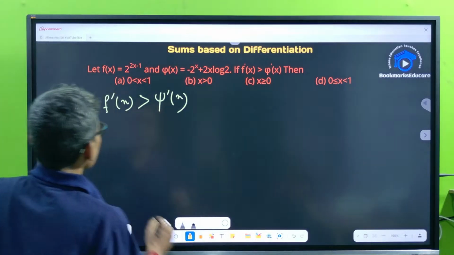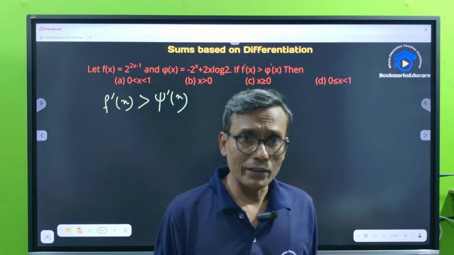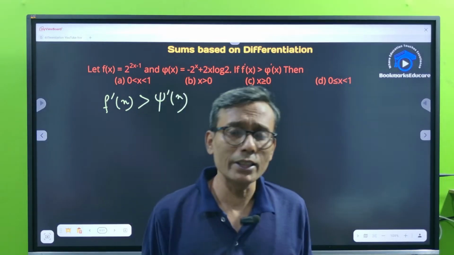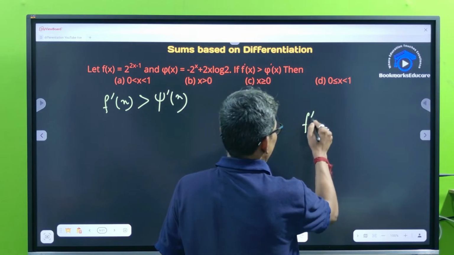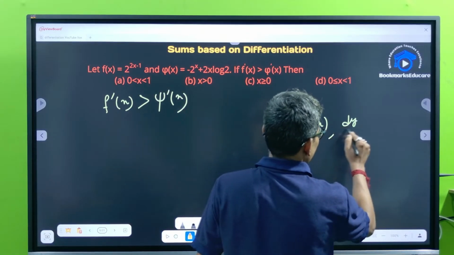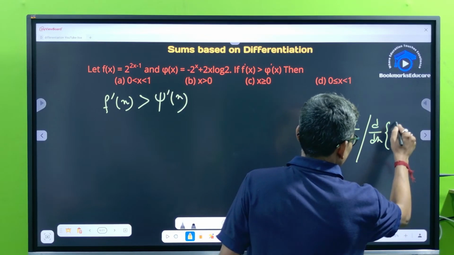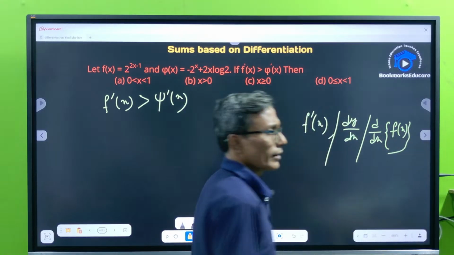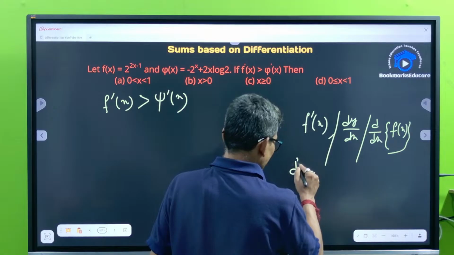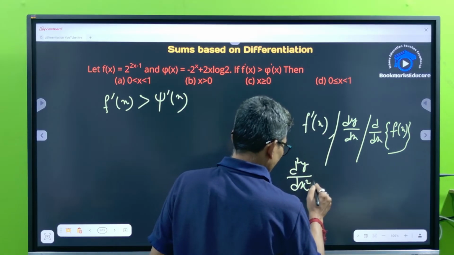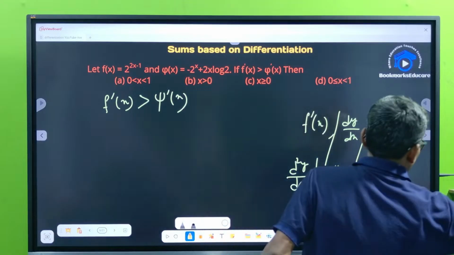The first order derivative is denoted in several notations, such as f dash x, dy by dx, or d/dx of f of x, and the second order derivative can be represented by d2y by dx2 or f double prime, or double dash x.